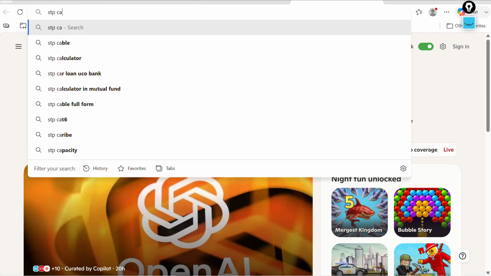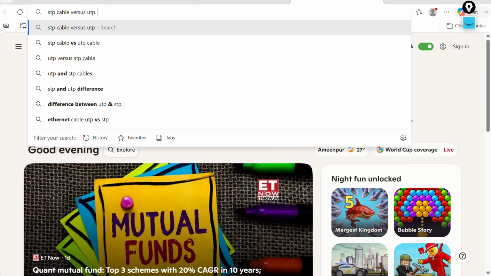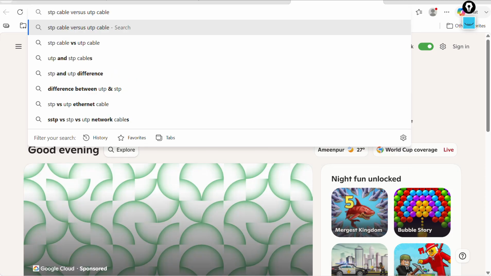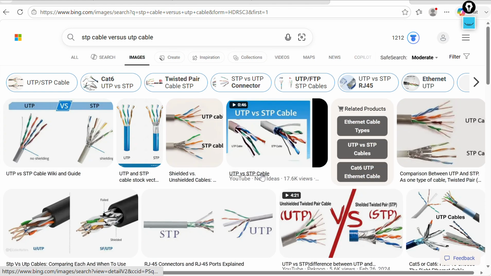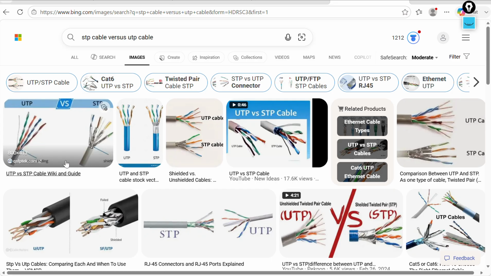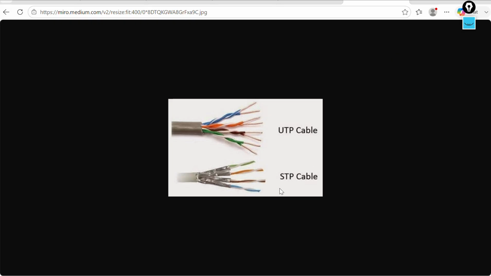Now see here the images. Okay, see here the difference. Both are the same. In the STP cable, inside the cable we have 8 wires, which means 4 pairs.